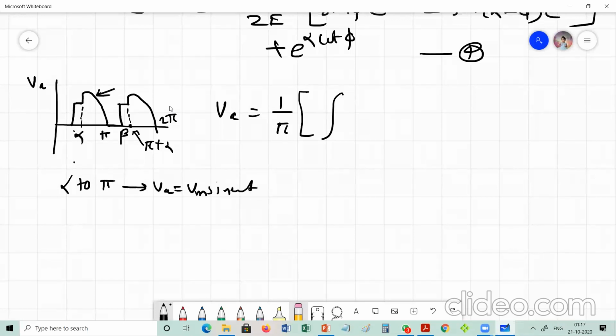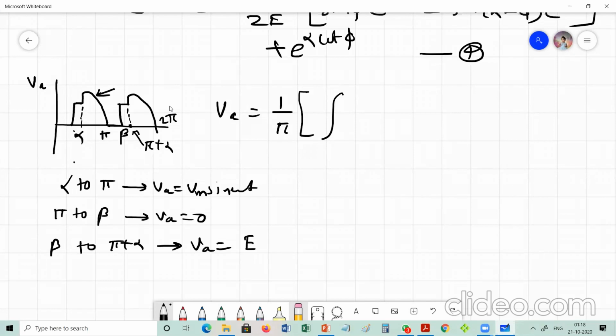From pi to beta, Va is equal to 0, and from beta to pi plus alpha, Va is equal to E.